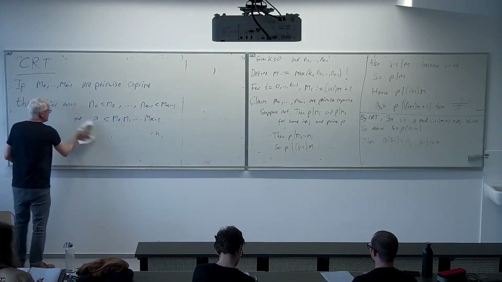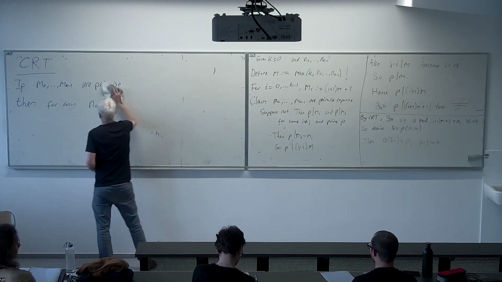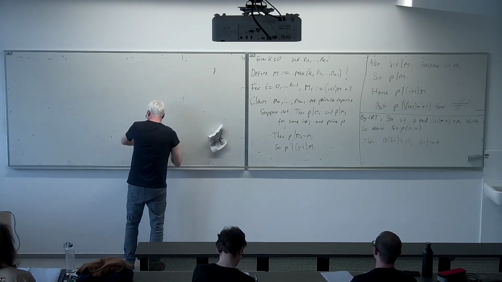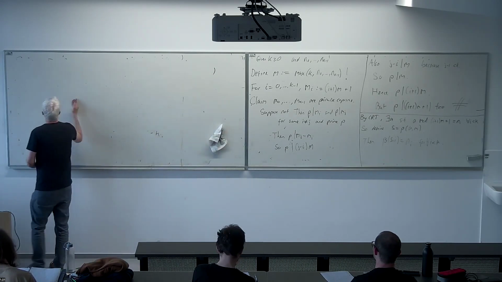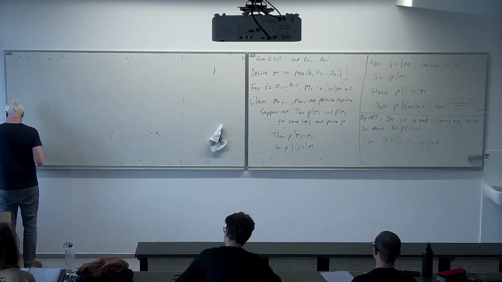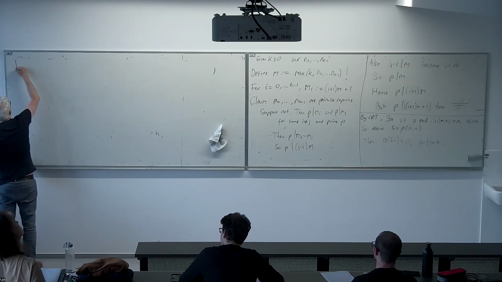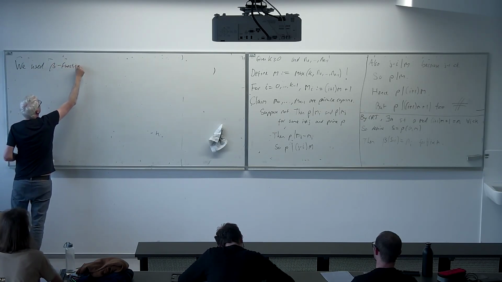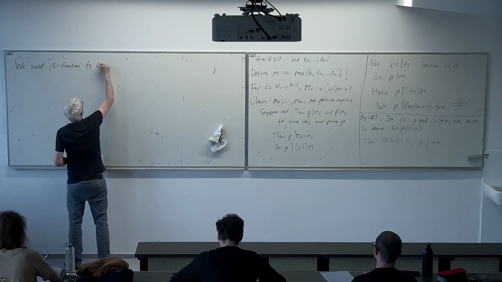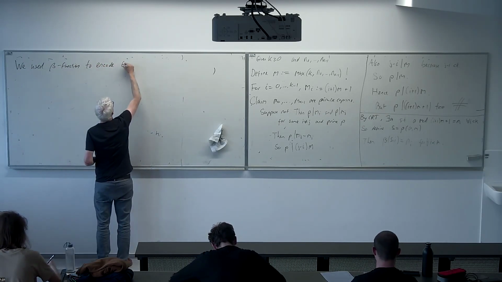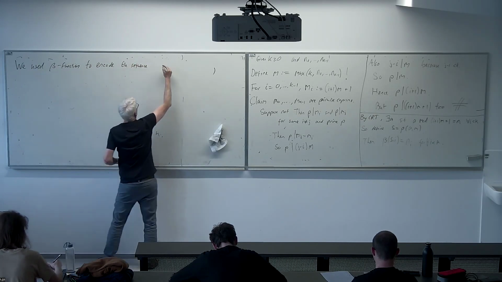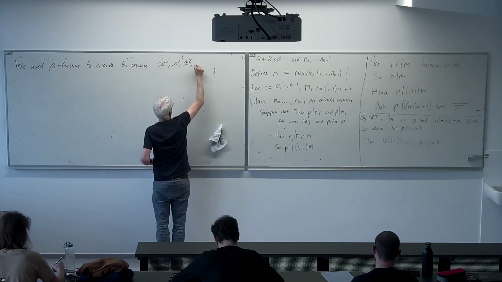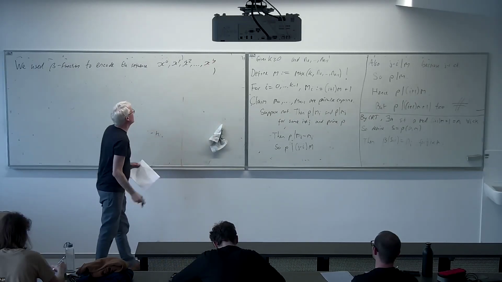So what we used the beta function in this particular case to encode the sequence, as I wrote down in the proof, x to the 0, x to the 1, the sequence of powers of x all the way up to x to the power of y in order to compute x to the power of y.